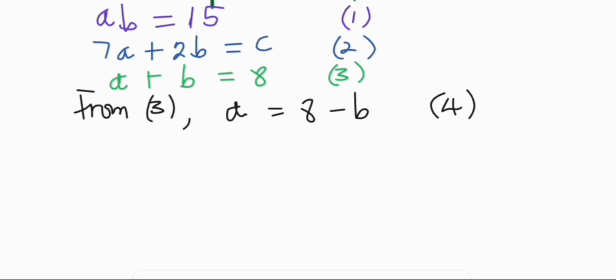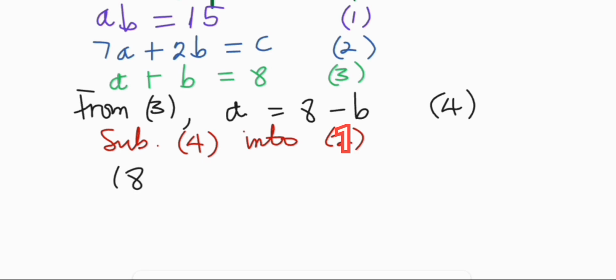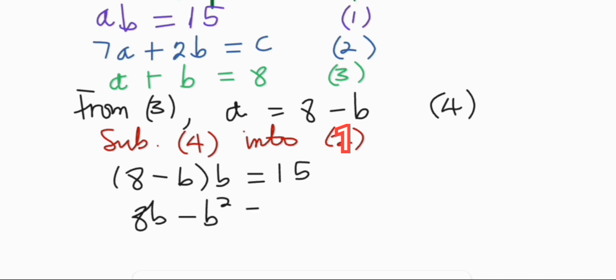Then we substitute equation 4 into equation 1, that instead of a, we put 8 minus b, then times b, and that's equal to 15. Distributing b on the left, we give 8b minus b squared equals 15.